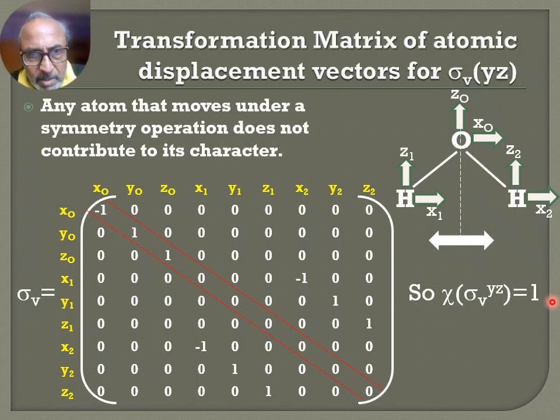Again, we note that any atom that moves under a symmetry operation, here H1 and H2, does not contribute to its character, so we can consider just the oxygen atom in calculating the trace.